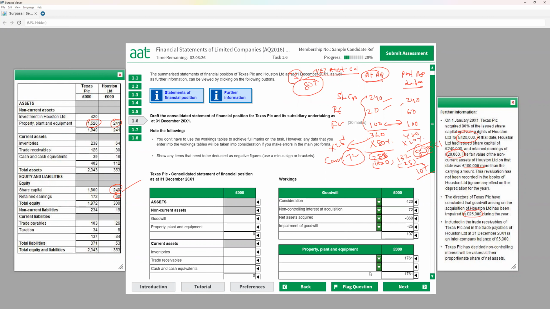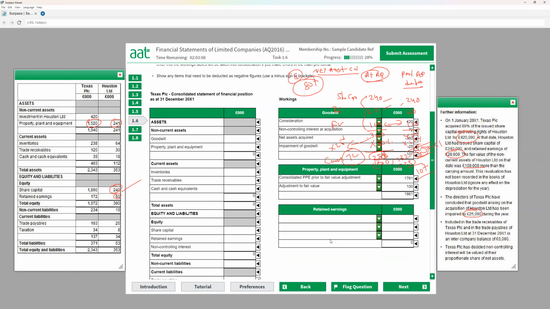That's my consolidated PPE. Remember, always take the consolidated because it's both companies together. Then you have a fair value adjustment of 100. So adjustment for fair value 100. That's my total PPE.